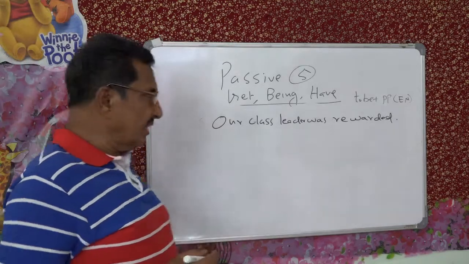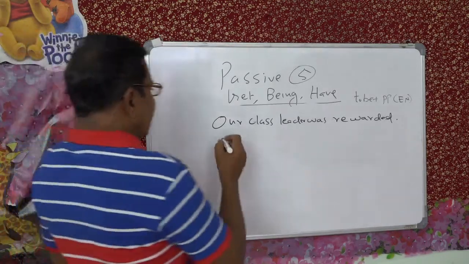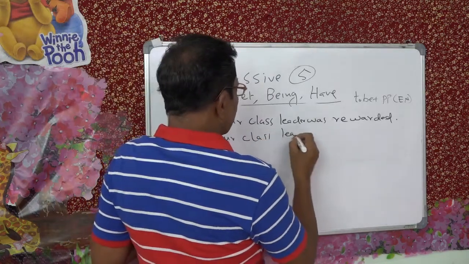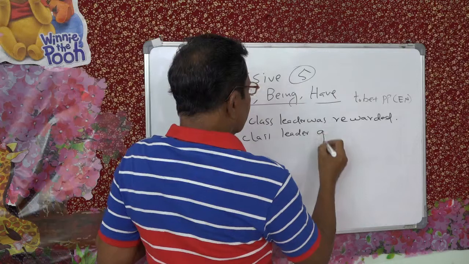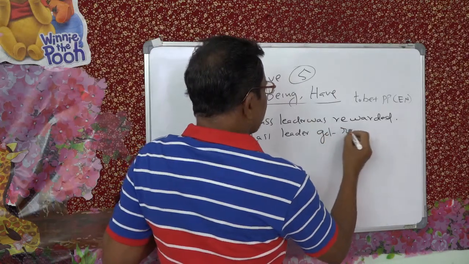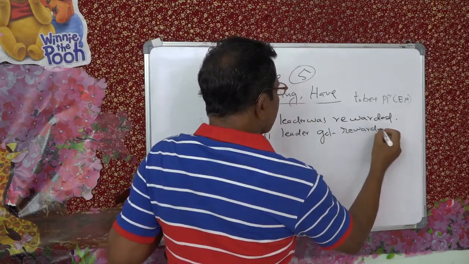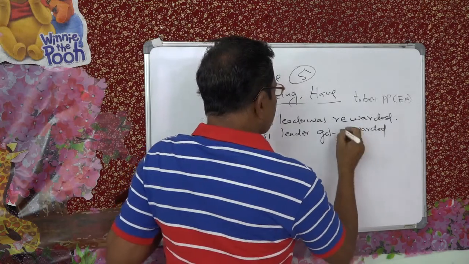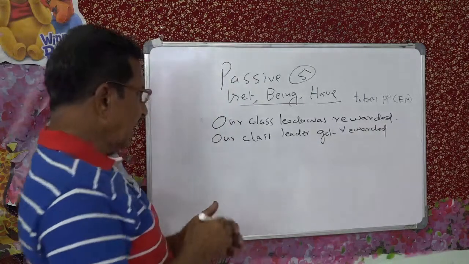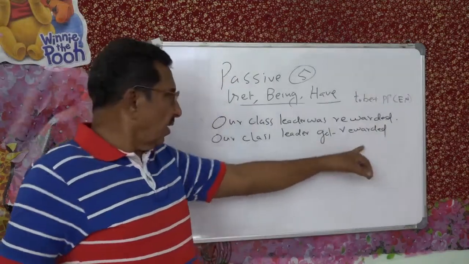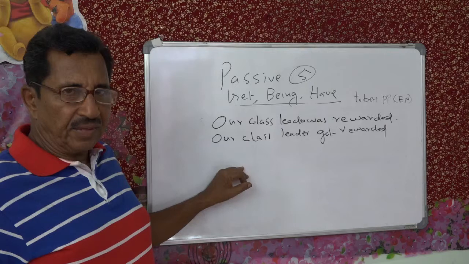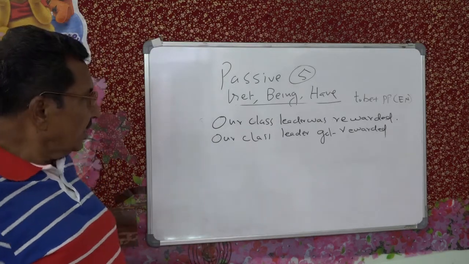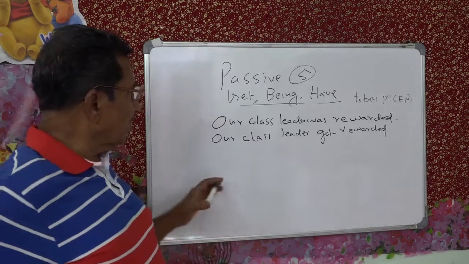So you can write like this: our class leader got rewarded. See that? Because the reward affects the subject, the class leader. Do you understand that? So if the subject is affected, then you can have the get passive.